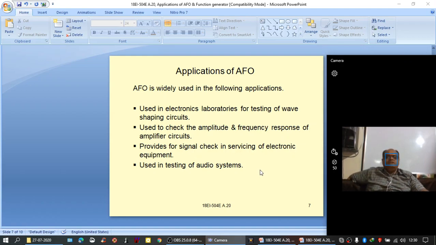In audio systems, audio frequency signals are applied by the AFO, and depending upon the frequency, we check whether the receiver part is working properly or not, or whether the transmitter part is working properly or not.